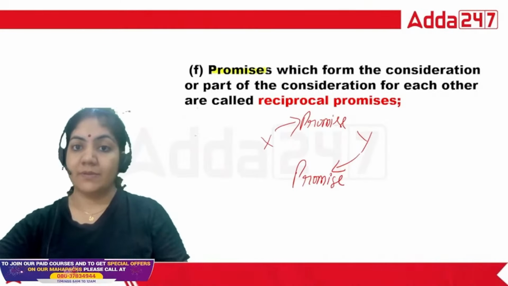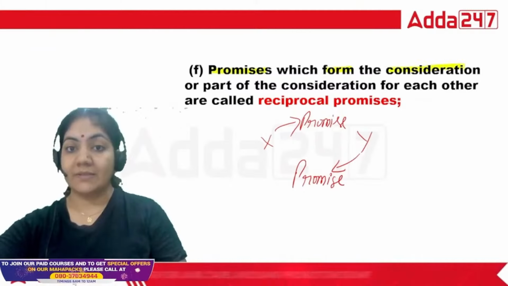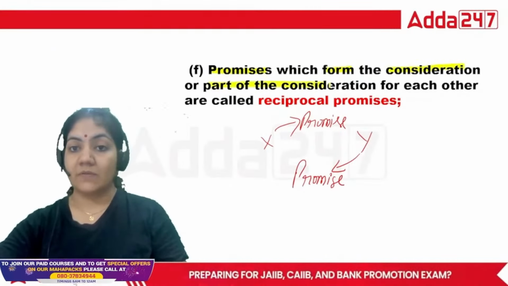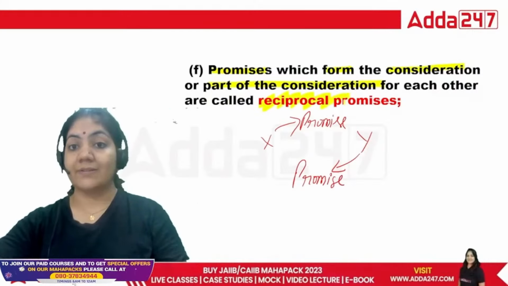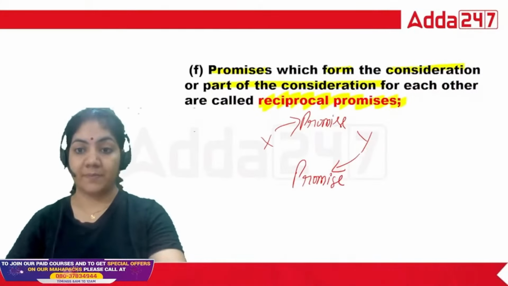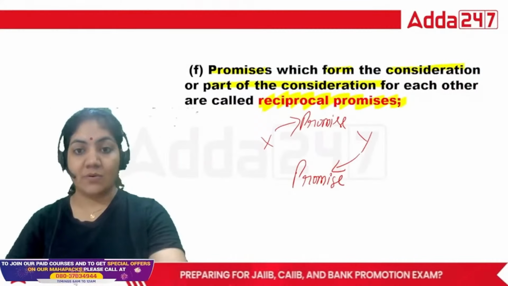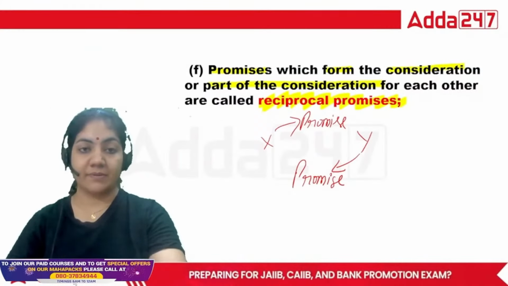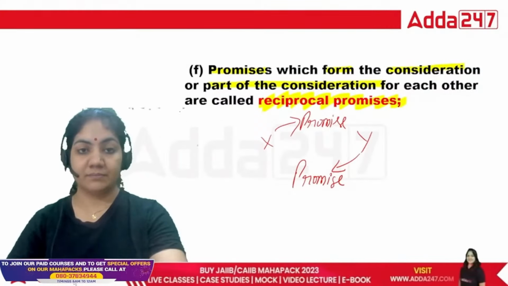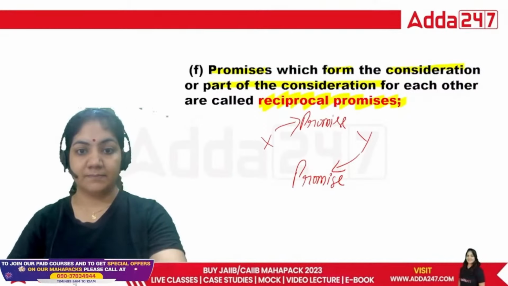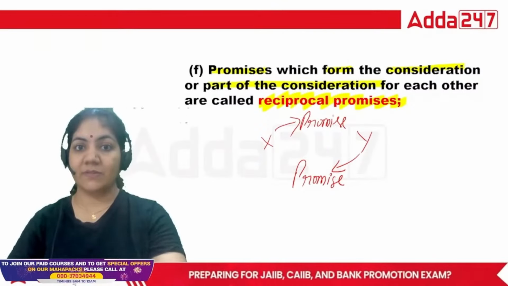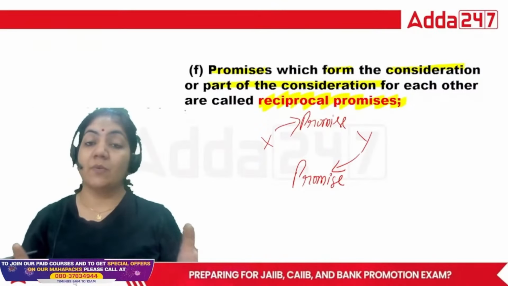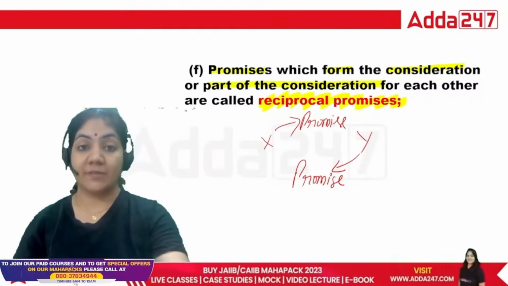The promises which form the consideration or part of the consideration for each other are called reciprocal promises. Reciprocal promise means the promises from both sides.